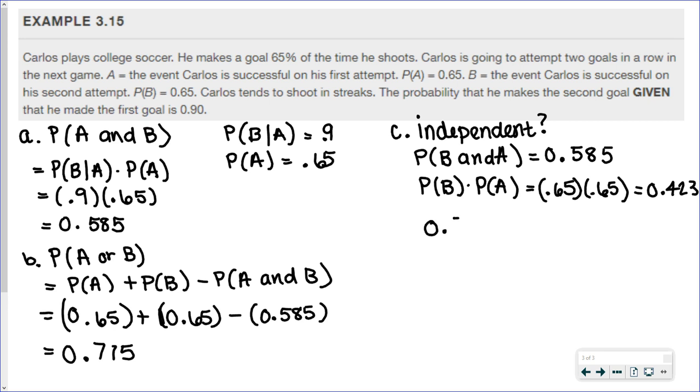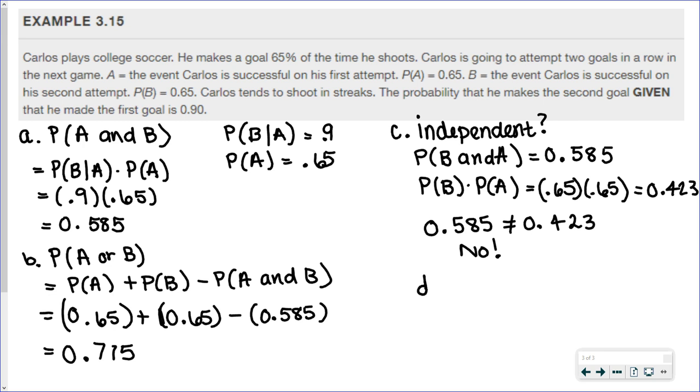Now, since the first number, probability of both B and A, is not equal to the second number, which is the probability of B times the probability of A, since these two are not the same, we would say that no, because they are not equal. So no, they are not independent.